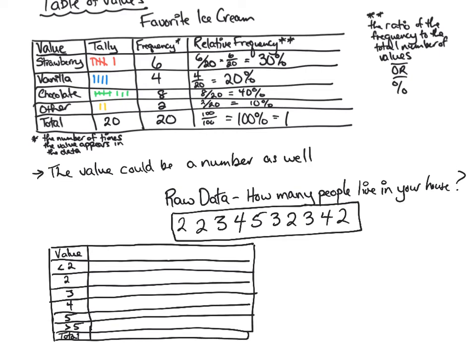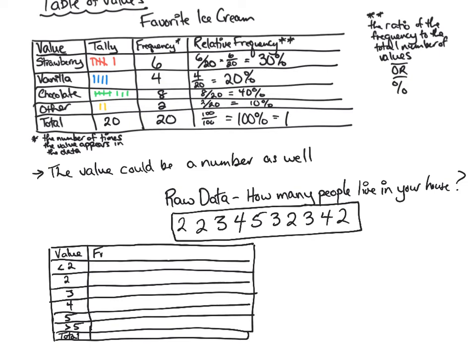Now, you could just do the values that you have. Sometimes, depending on the question, it will be important to have less than or greater than because you don't want to have too many values if you have to graph it later, or maybe those are of less interest, so you're lumping them all together.